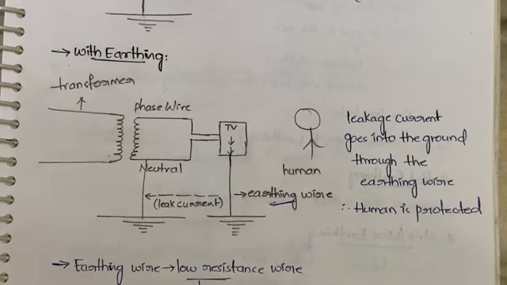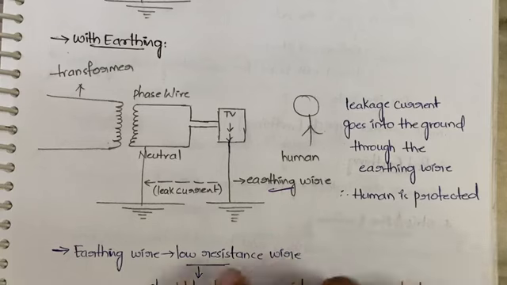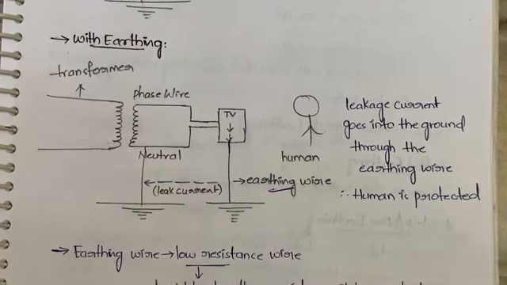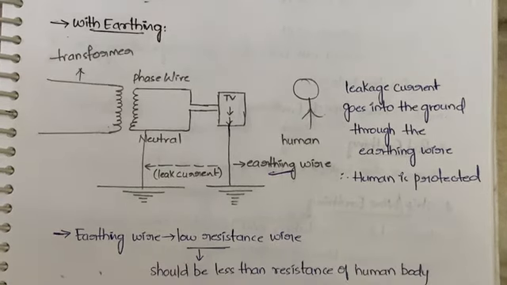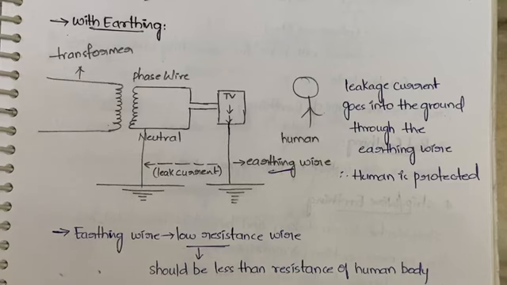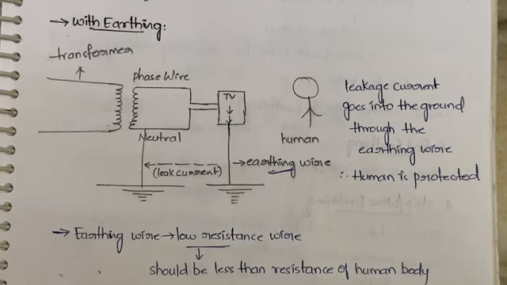And I said for earthing we will be using a low resistance wire, right? Why we should use a low resistance wire is, see, current will choose to pass through the low resistance path. Suppose whatever your body resistance is, you need to take a wire which has a lesser value than your body resistance, so that instead of going into your body, the current will go into that low resistance wire.